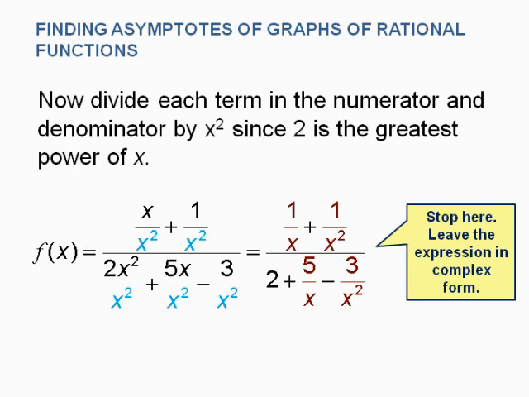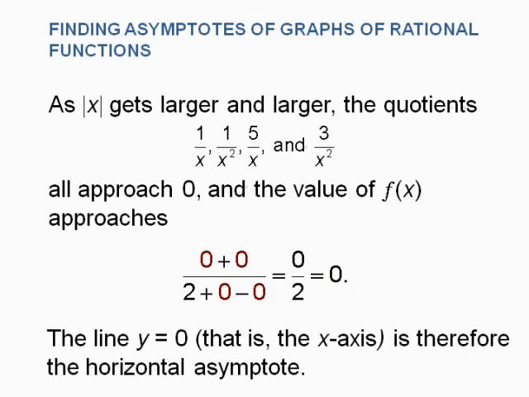Now, notice when they do that, what happens? This becomes 1 over x plus 1 over x squared. X over x squared reduces to 1 over x. This reduces to 5 over x minus 3x squared. Now, it says stop here, leaving it in this form, which kind of looks yucky. I know they're saying, why would you do that, Young? Now, notice what they're trying to show you here.